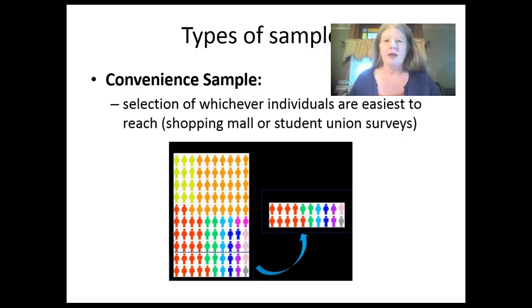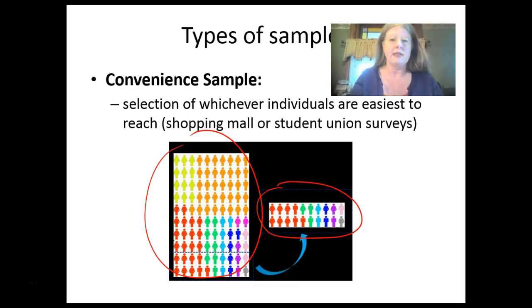But here's kind of a diagram of what this might look like. Over here we have our population, and then over here is this subset. And notice that the subset comes from here. So again, maybe you're in a lecture hall and you decide you're going to just talk to the people who are sitting around you. You're all sitting in the back. Well, people sitting in the front might be a little bit different.